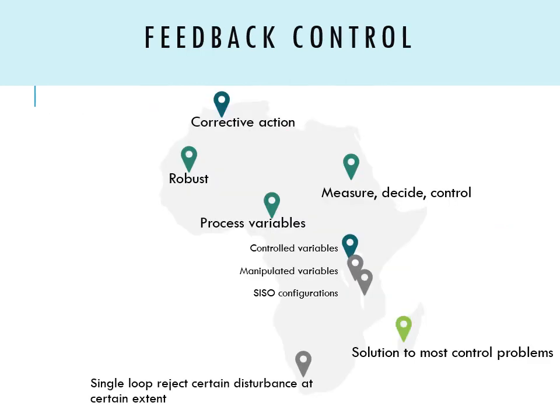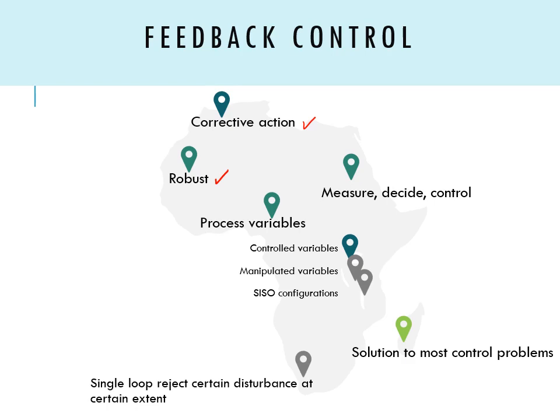In brief, we can identify the feedback controller as the controller that makes a corrective action to the process. And the characteristic of the feedback controller, basically it is a robust type of controller compared to the other types of controller, because the feedback controller has a simpler design.